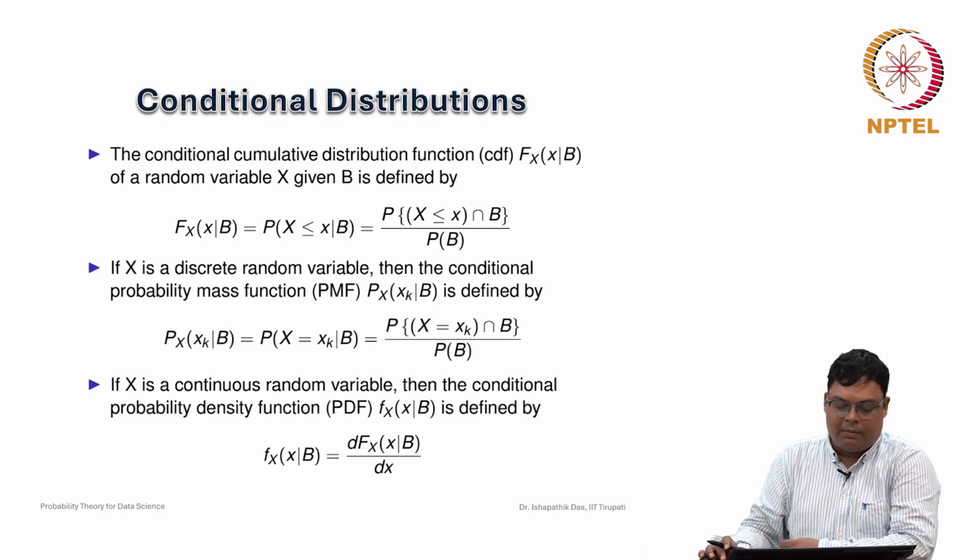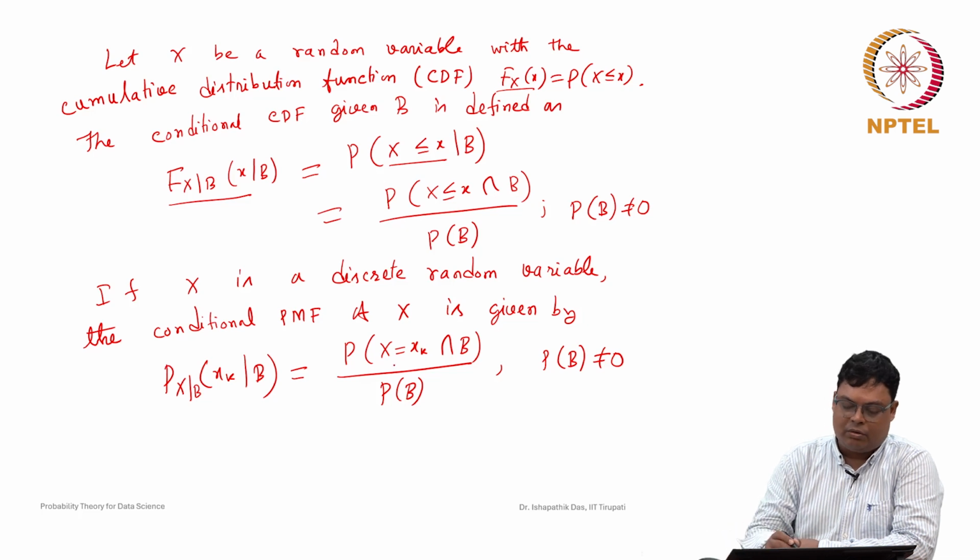Now, how can we define this whenever X is a continuous random variable? We cannot define it in this way, because for a continuous random variable, the probability at a point, X equal to x, is 0.